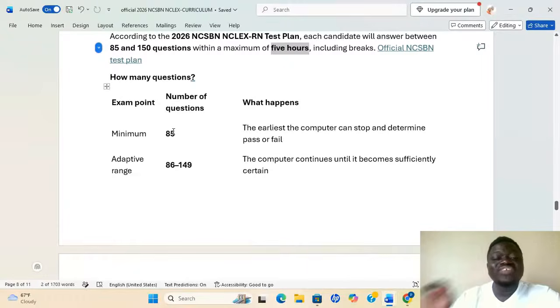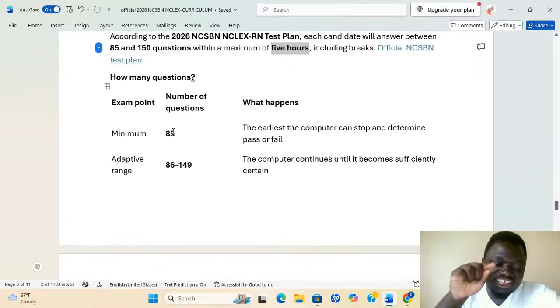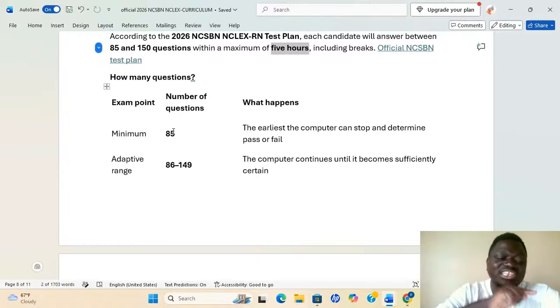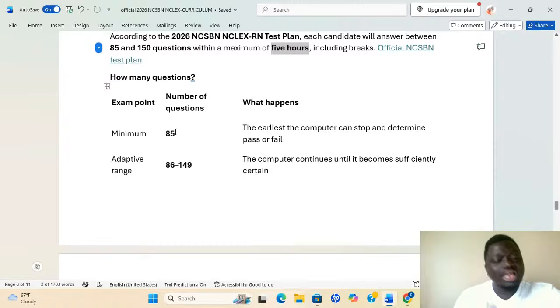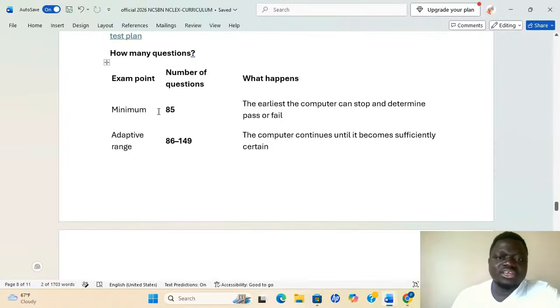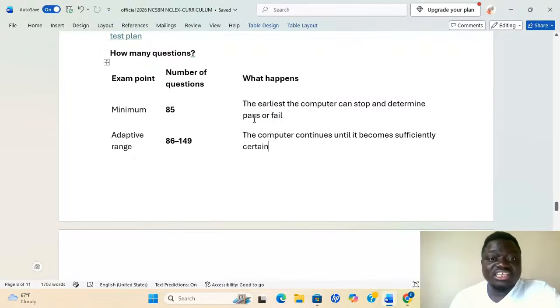If you don't finish the 85 and the 5 hours elapse, it is failure. Okay, now let's interpret what happens. When you answer up to 85 questions, this is the earliest the computer can stop and determine pass or fail.